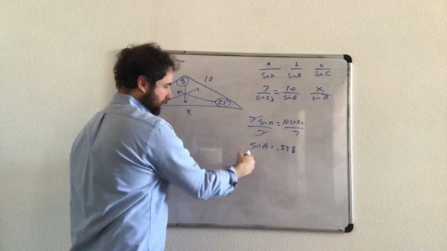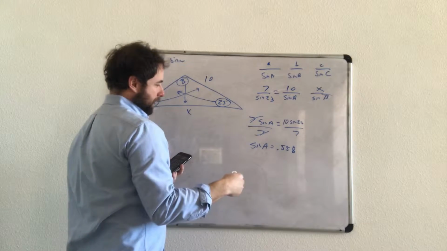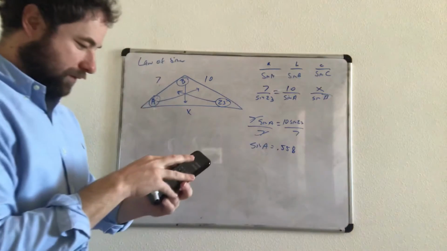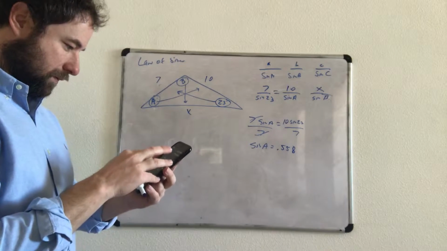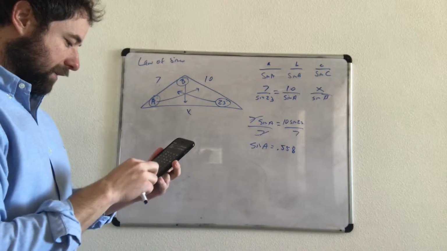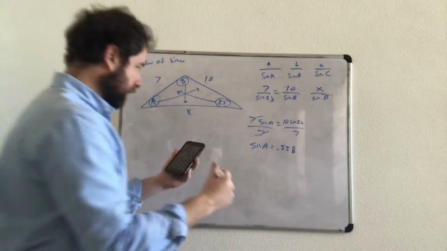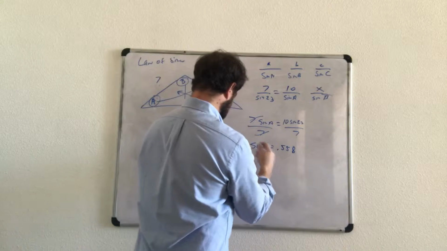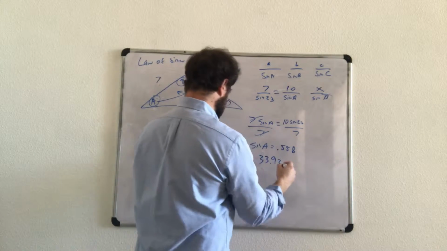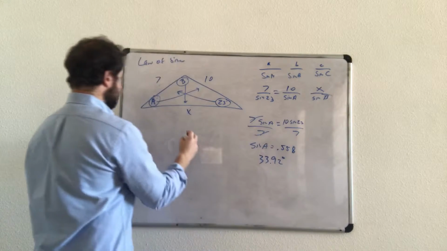But in order to get rid of this sine, since we're finding an angle, we do second function sine of 0.558 equals 33.92 degrees.